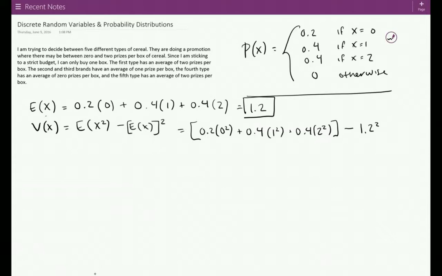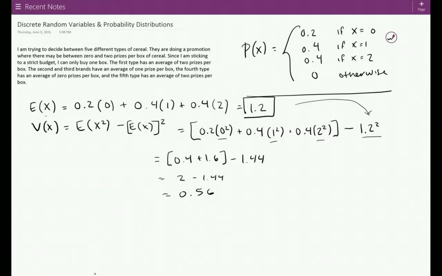So you can see here I've pulled the 1.2 from our previous calculation of expected value, and then I've squared inside this expected value calculation the values of the random variable x. Now, we'll expand this out to get our variance, and you see the value of 0.56 is our variance.